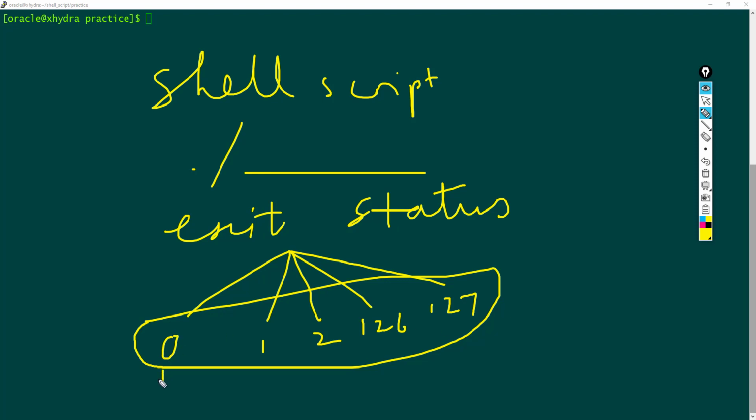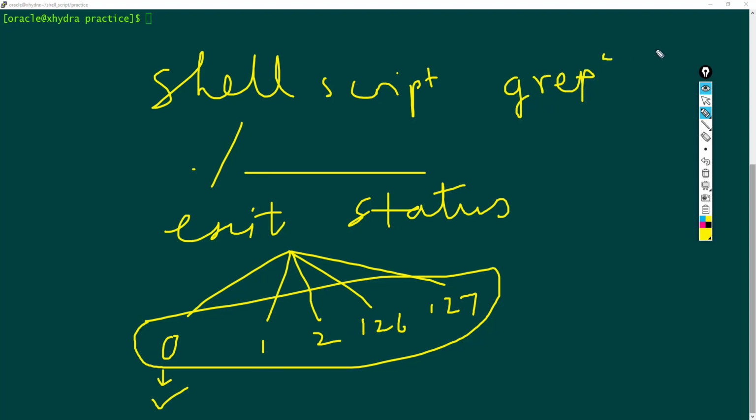0 represents that the shell script is executed successfully, and also the result that you try to find. Say for example, you have learnt grep.